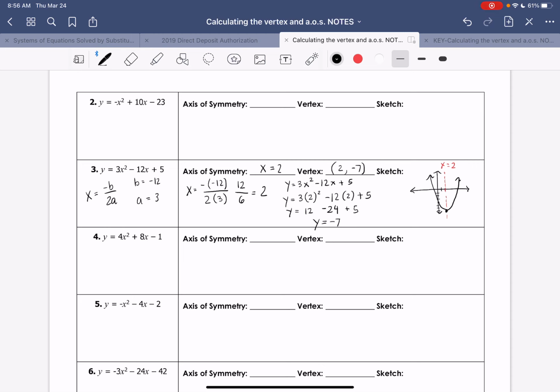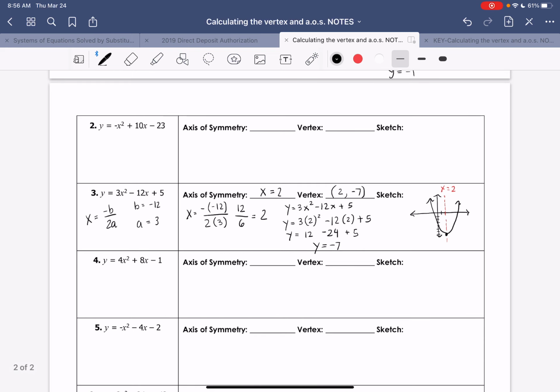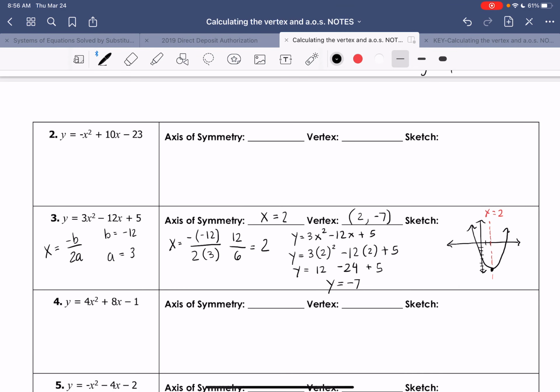Now, I'm going to go back to number 2, so we can look at one negative example before we end. Again, I'm going to write my equation one more time just so we can start memorizing it. Negative b over 2a, where our b is 10 and our a is negative 1.